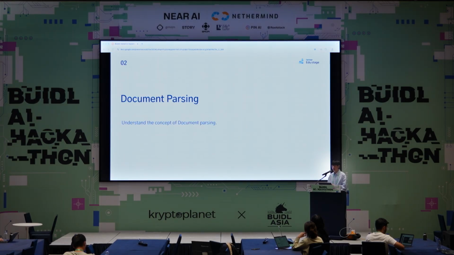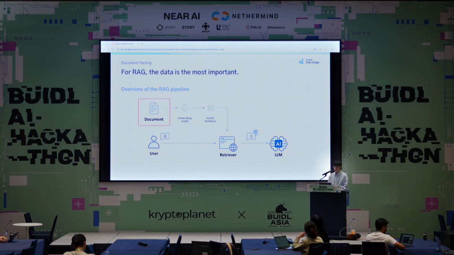So in this section, let me introduce our flagship product, Document Parse. This is the RAG pipeline I introduced in the first section. As you might have noticed, the most important element in this pipeline is the data. And it plays a key role in building a reliable RAG system.